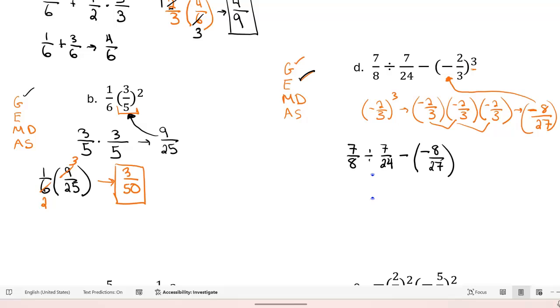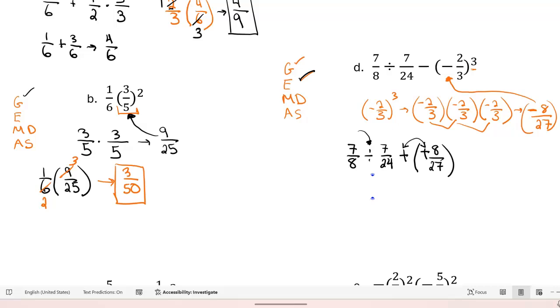Well, I have my division sign right here, and I have 2 negatives right here, right? Well, a negative sitting next to anything is the same as multiplication by -1. So I'm going to go ahead and apply that multiplication. So that becomes positive, right?